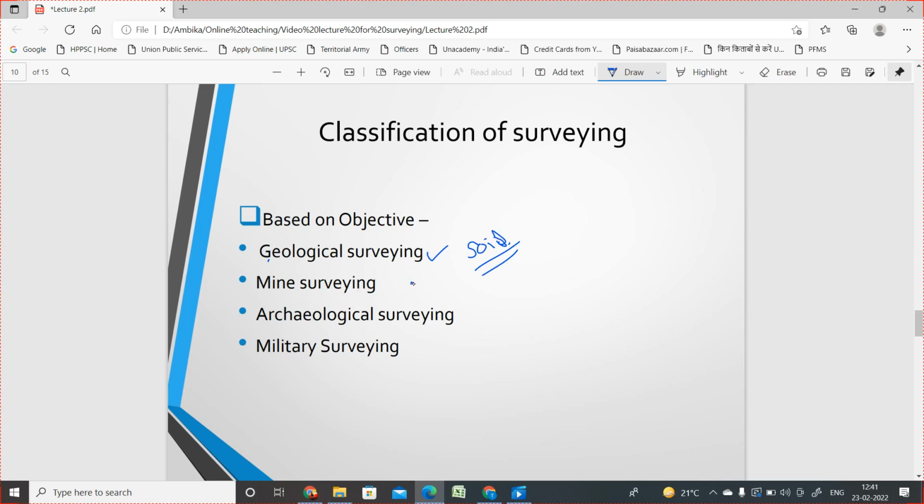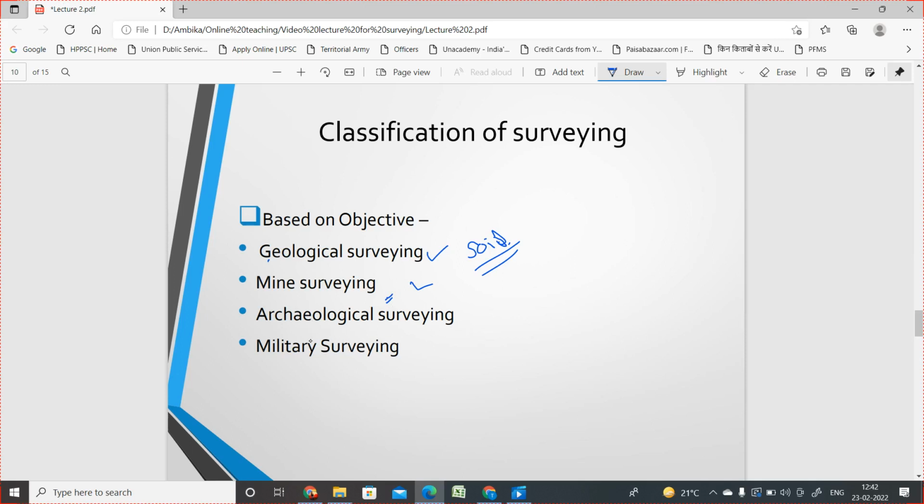Then mine surveying. In this case we do underground mining to identify certain materials and sources from the ground. Such type of survey is called a mine survey. Sometimes we have to identify coal from underground sources, so such type of surveying is mine surveying.